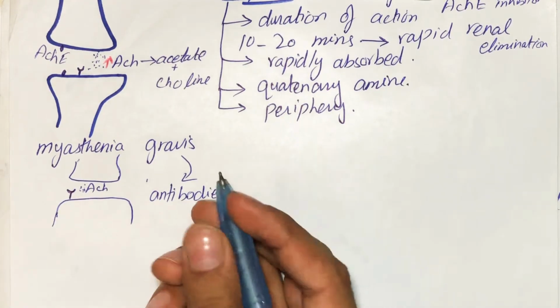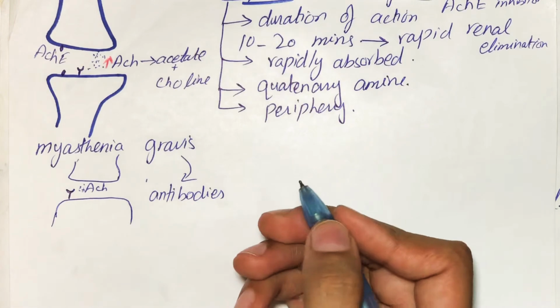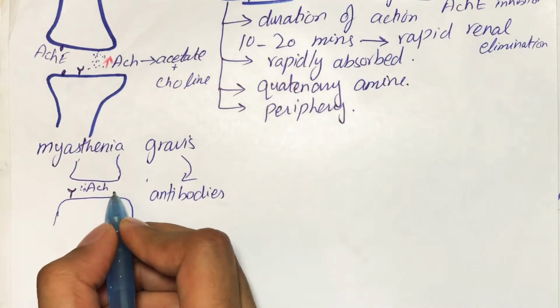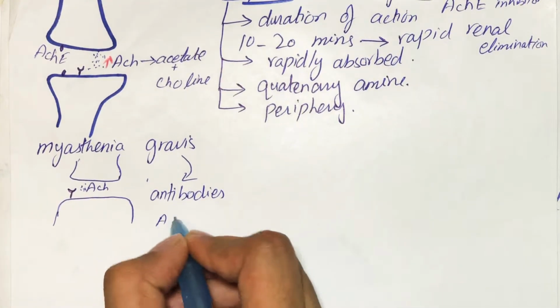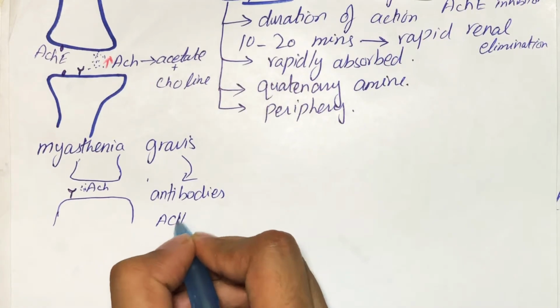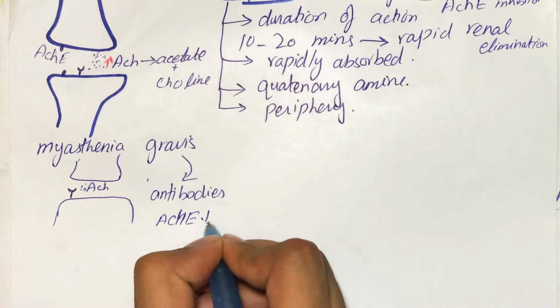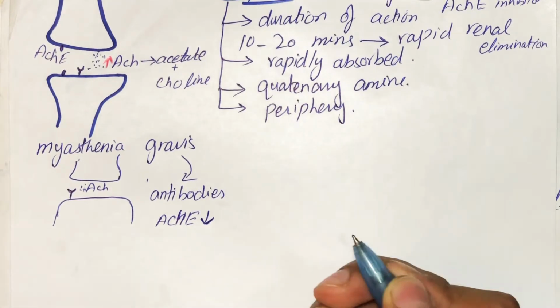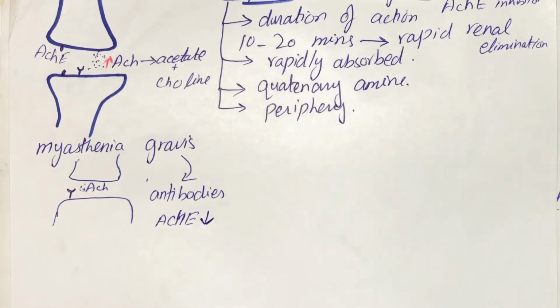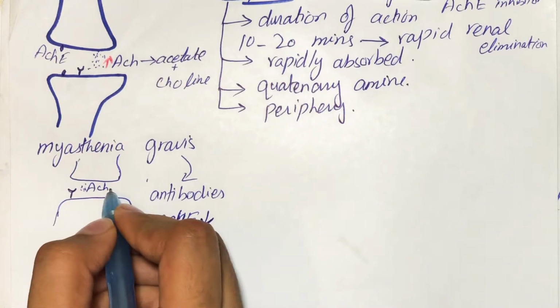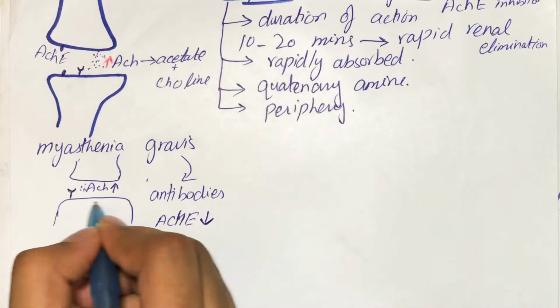So when we give Edrophonium, what happens? Edrophonium causes the inhibition of acetylcholine esterase. When there is a decrease in acetylcholine esterase, there is more acetylcholine present over here.